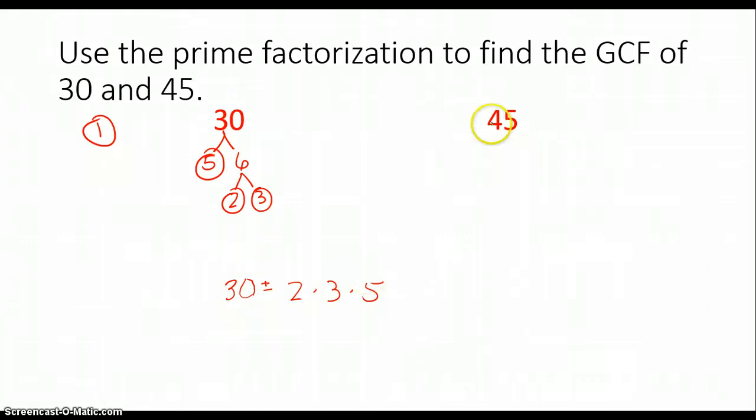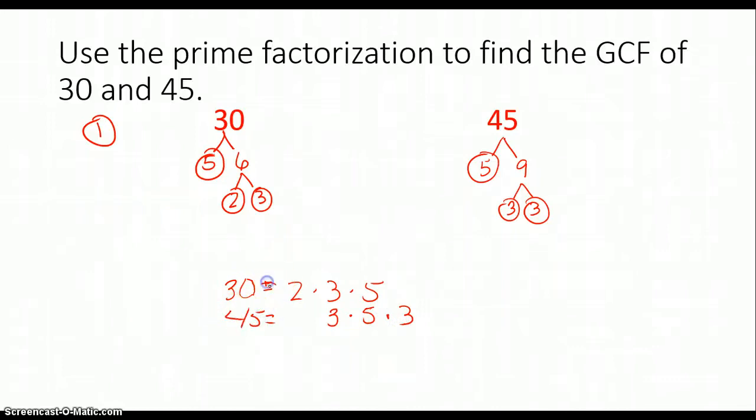Now I'm going to do the same thing with 45. 45 can be broken down into 5, which is prime, times 9. And 9 can be broken down into 3 times 3. So when I write out my prime factorization, I have 3 times 5 times 3, and that's my prime factorization for 45.